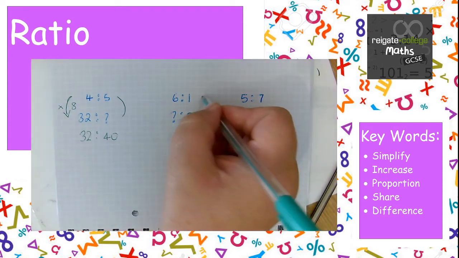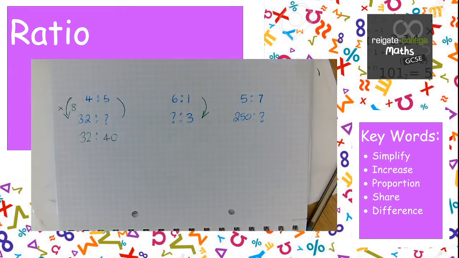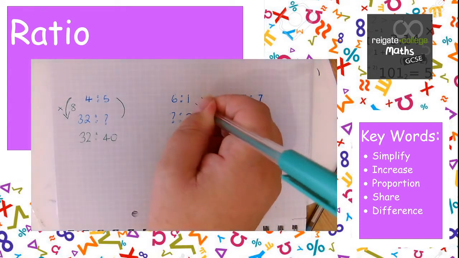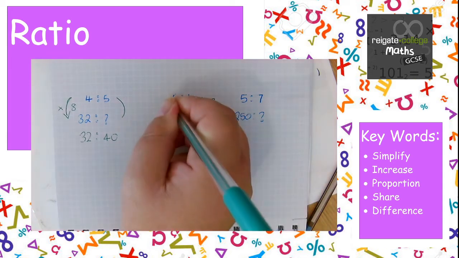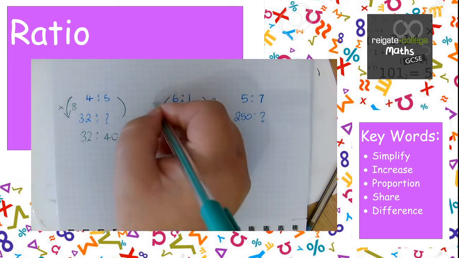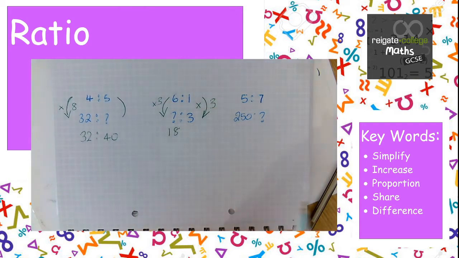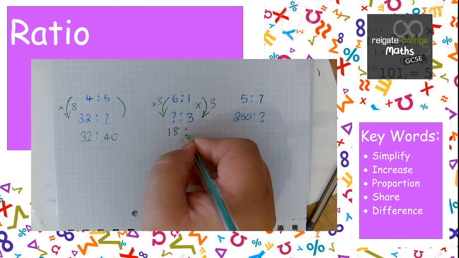In this ratio here, I'm looking at what do I multiply 1 by to make 3. That's 3. So I do the same to this side. 6 multiplied by 3 is 18. My new ratio is 18 to 3.